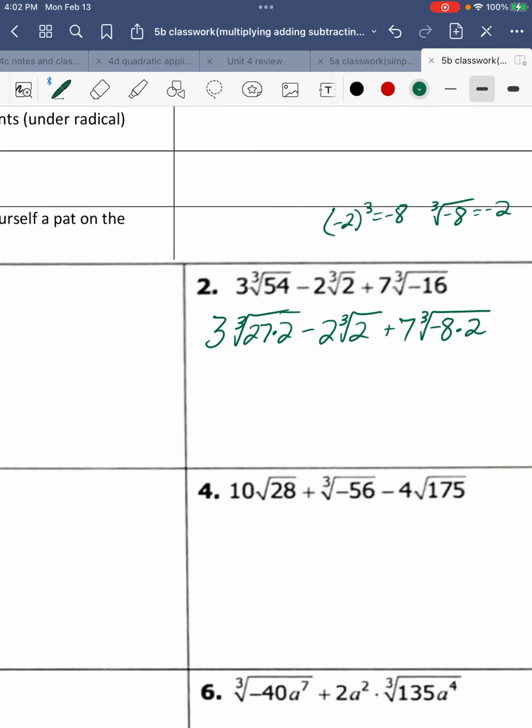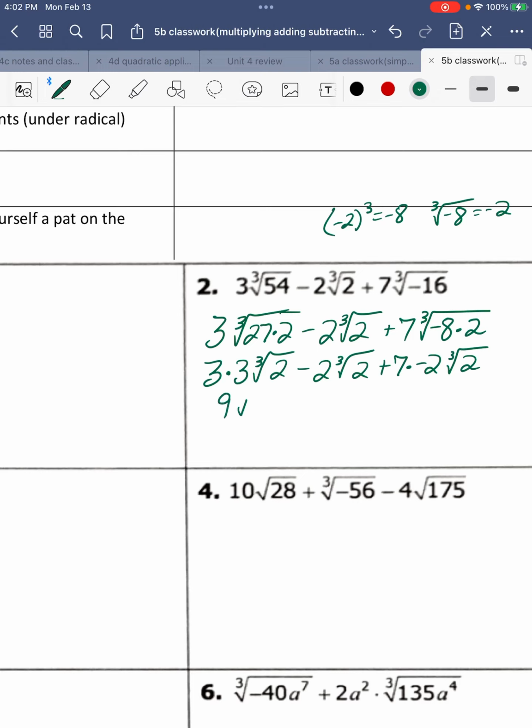So now simplifying each term even further, cube root of 27 is 3. Cube root of negative 8 is negative 2. And the cube root still is of 2 on the inside.